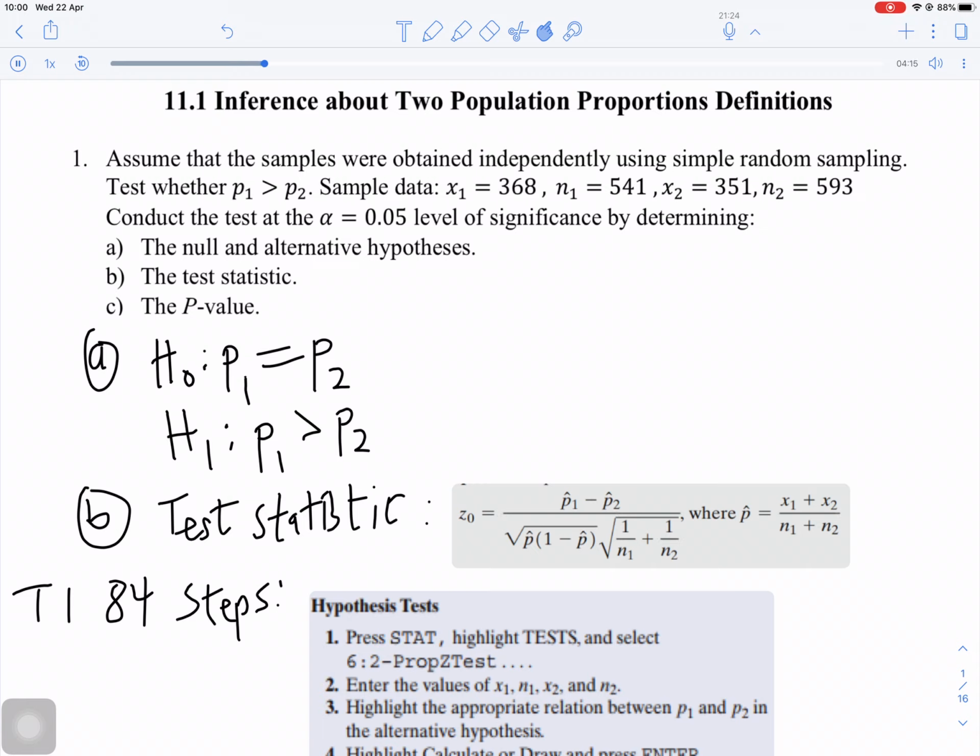What we can do is sample 10 people and take note of their temperature before taking the drug, so we have 10 temperature readings. Then after taking the drug, we also take 10 temperature readings. Those readings are still on the same 10 people that we are looking at. So we have two different samples, the first being temperature before the drug, and the second, temperature after the medication. That gives us dependent samples.